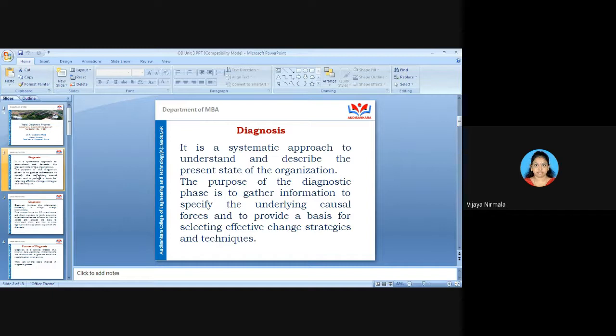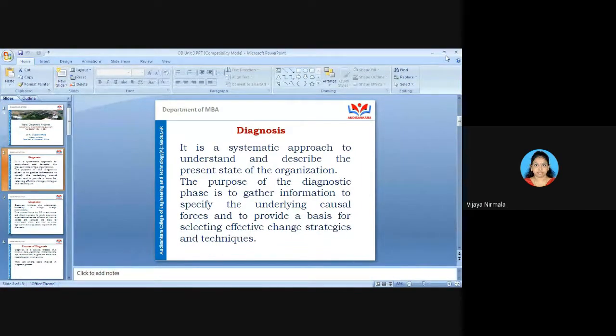This means that the process helps the organization development practitioners as well as the client members to jointly determine the organizational issues that are to be focused on, and also it helps in how to collect and analyze the data to understand them.